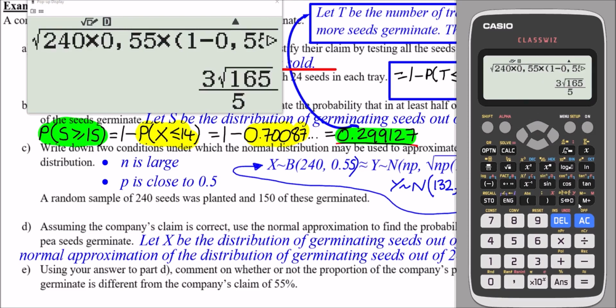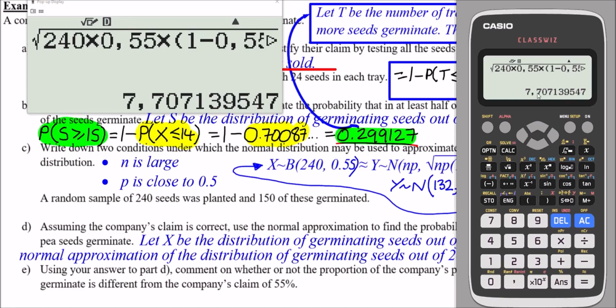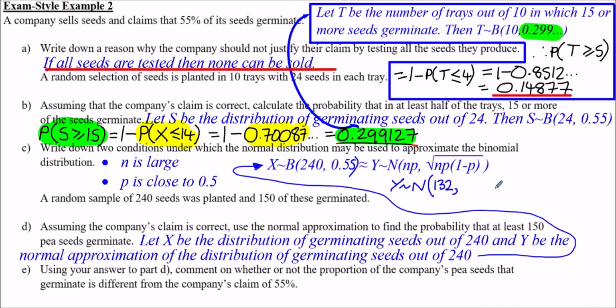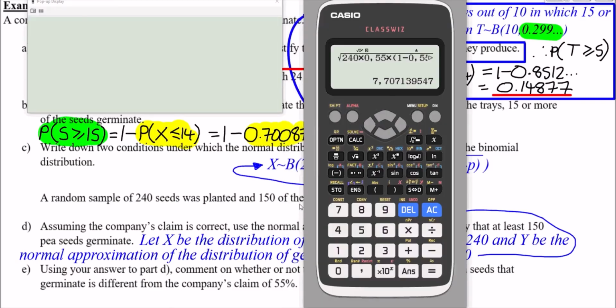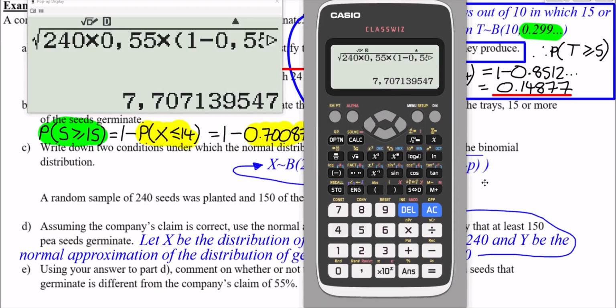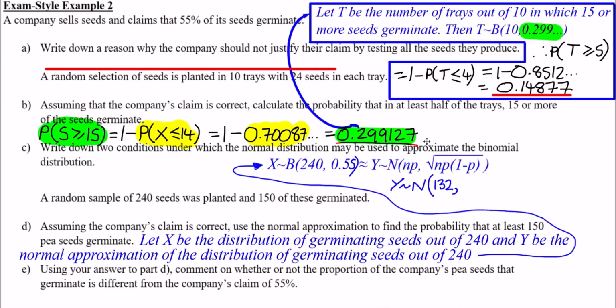Press equals, and then we get 7.707, approximately anyway. So that's the normal approximation to the standard deviation of the actual original distribution. So that number again was 7.707. This tells us the standard deviation, so 7.707 squared is the variance.